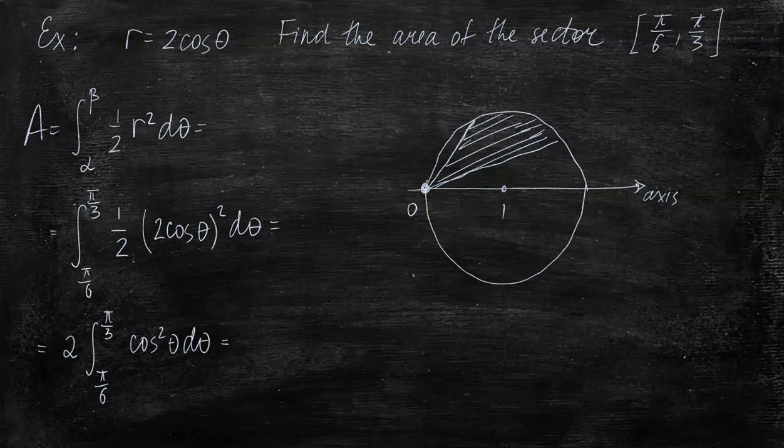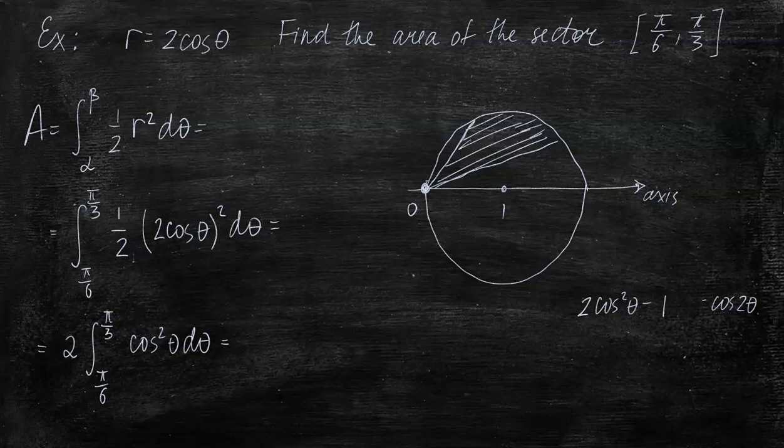So this is one of the simple trigonometric integrals, and we can do it by hand using one of the trig identities. We know that cosine squared theta minus sine squared theta is equal to cosine of 2 theta, but we can replace sine squared theta with 1 minus cosine squared theta, so we get this identity.